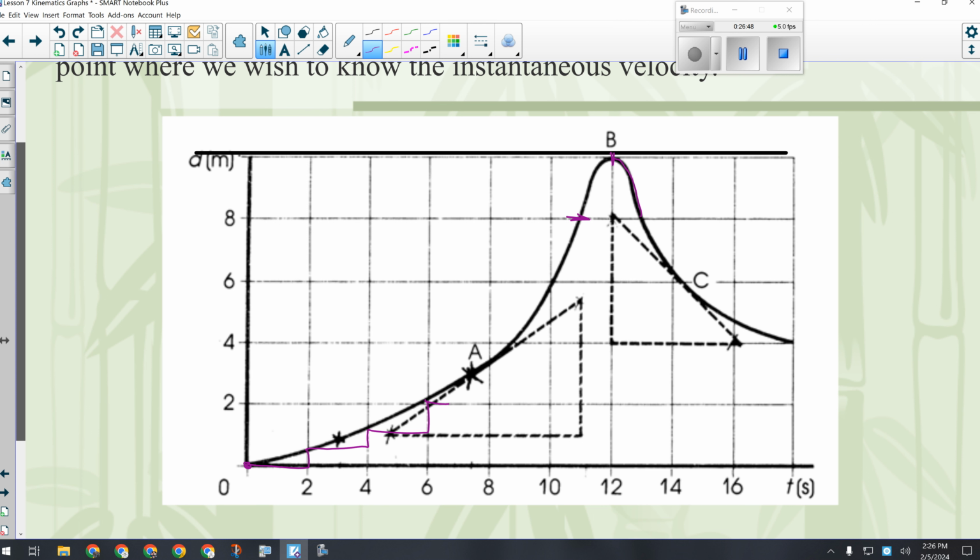Did that line get steeper and steeper and steeper going this way? Is it the mirror image of the other side? And then what's it doing here? Keeping in mind that the line is getting flatter and flatter and flatter. Decelerating backwards. Yeah, it's slowing down again, and in fact, it comes to a stop.